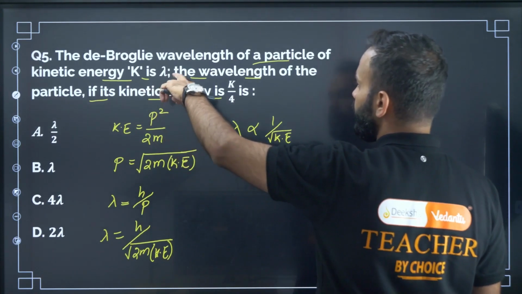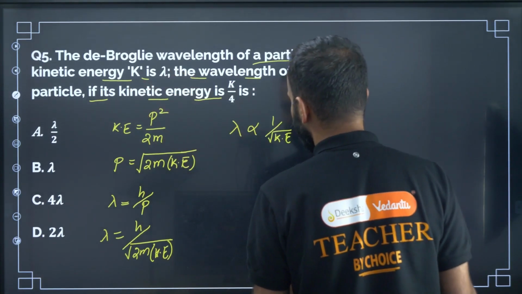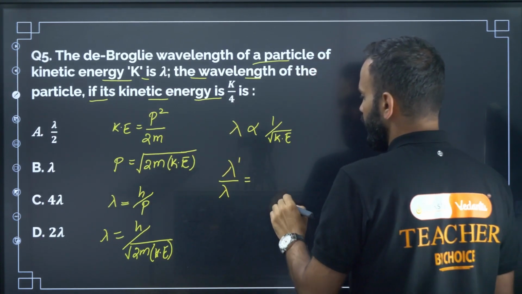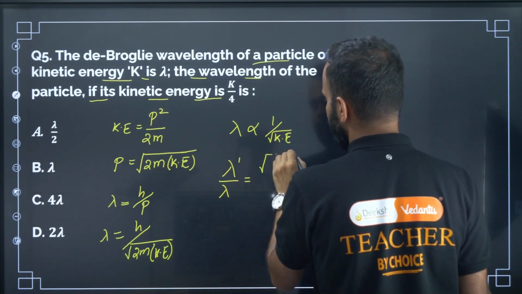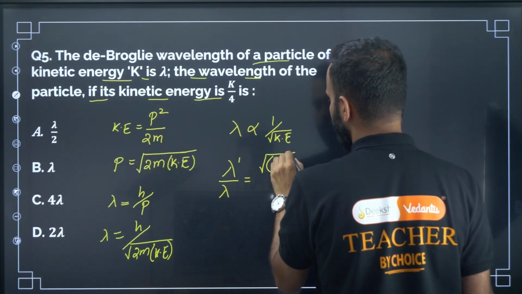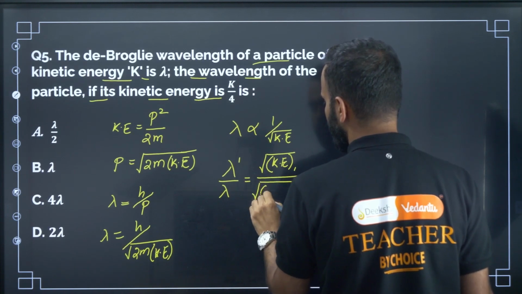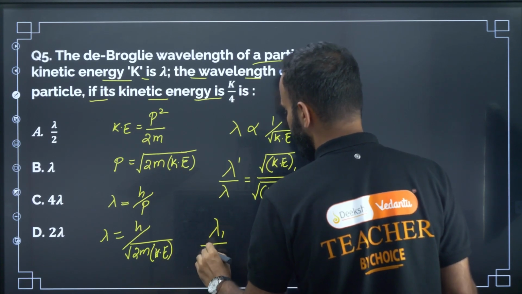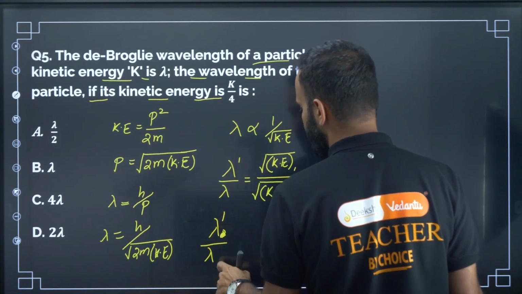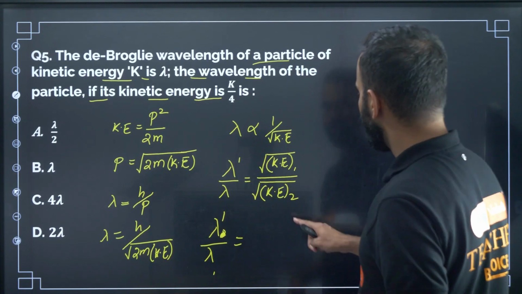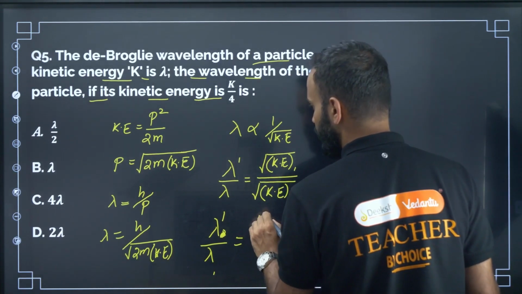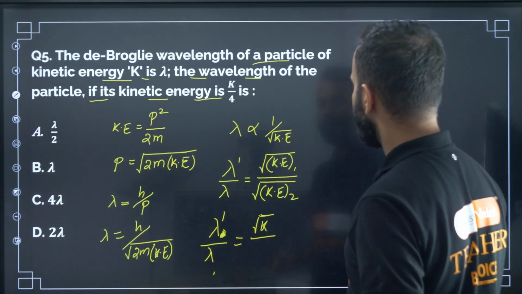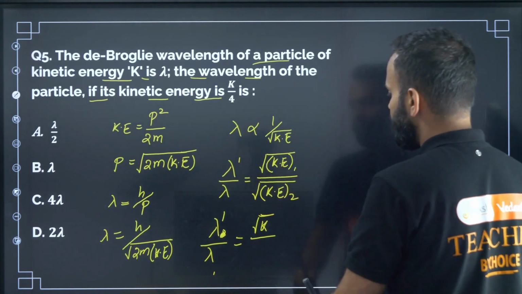When the de Broglie wavelength is lambda, the kinetic energy of the particle is K. So lambda dash divided by lambda is equal to root of KE1 divided by root of KE2. KE1 is K, so root of K, divided by root of KE2.